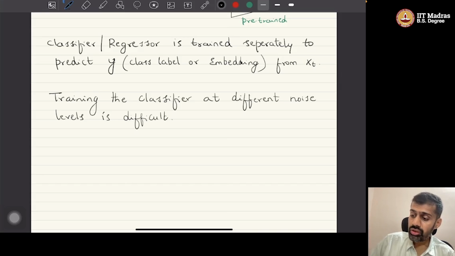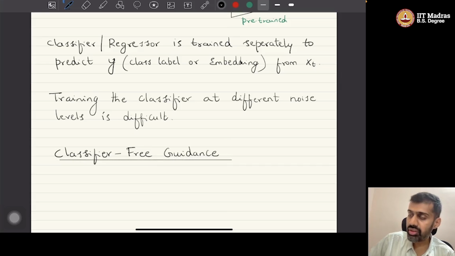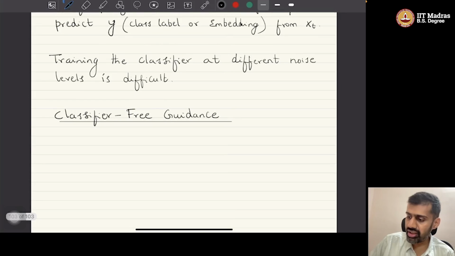Therefore, there was another method that was proposed, which is called classifier-free guidance, where the sampling from the conditional distribution is accomplished without having the dependence on the classifier.